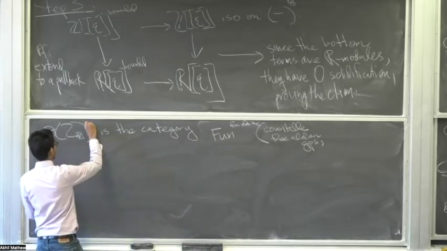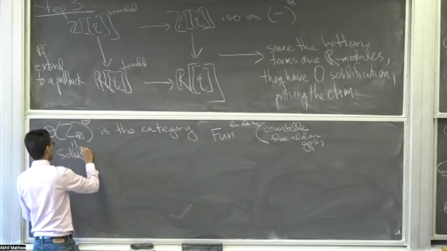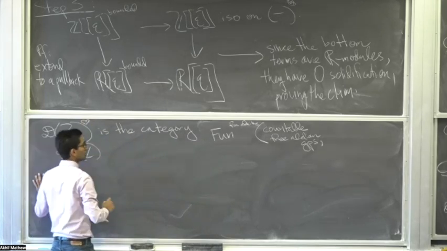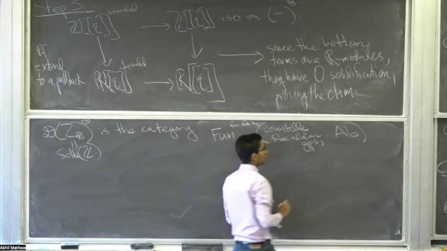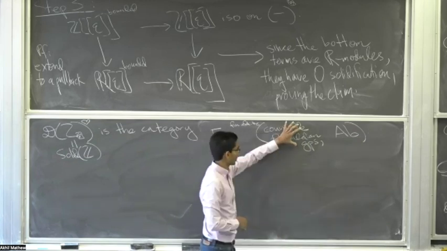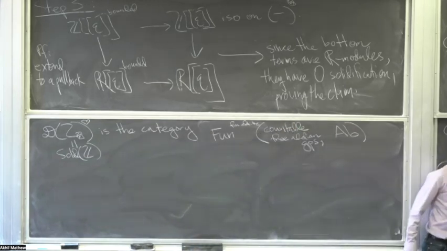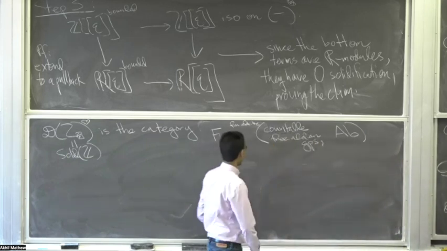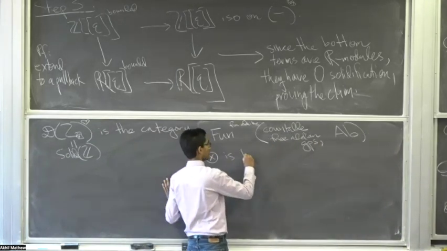Let me just say this at the level of the heart, so just solid abelian groups. Here you have a countable product of copies of Z corresponding to this object, and the tensor product is a Day convolution.